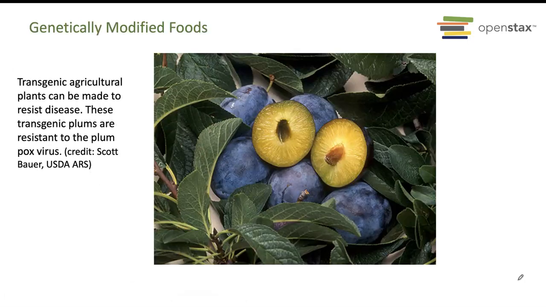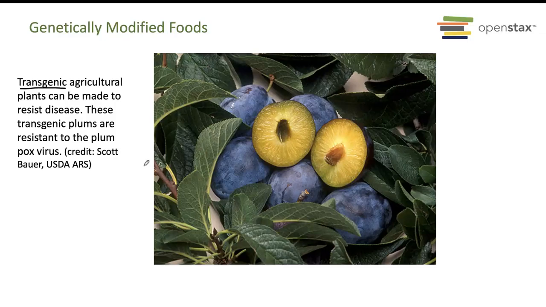And then lastly, we're talking about genetically modified foods. So there are some transgenic, or there's not some, there's a lot of transgenic agricultural plants. And usually what they want to do is grow enough food for the whole population.